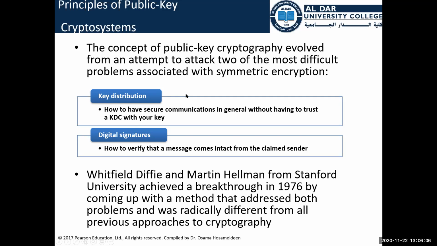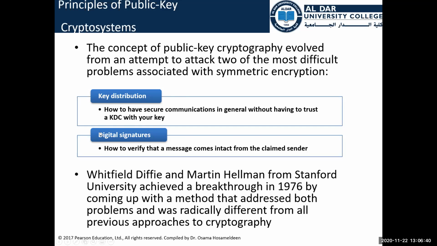Key distribution is how to communicate in general without having to trust a key distribution center with your key. You don't need a third party center for your key distribution. I can immediately talk with the receiver and tell him about my key. This is the first one, key distribution. Most of the attacks come from capturing the key.